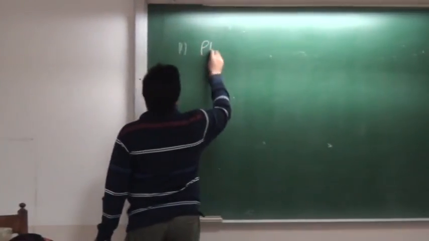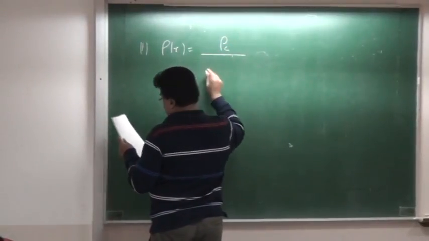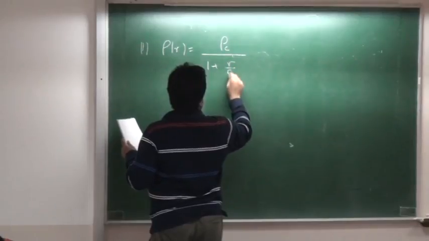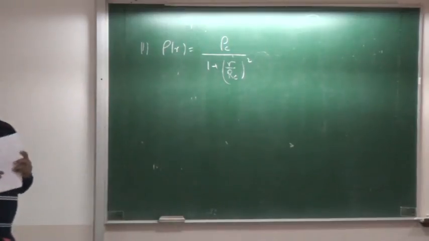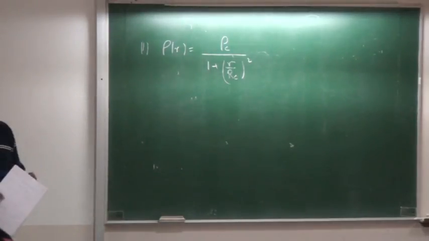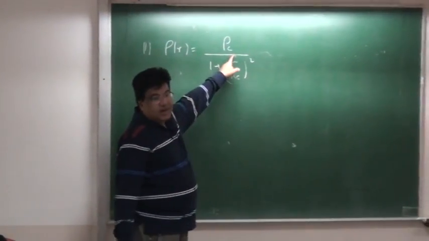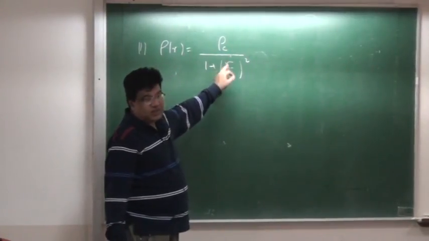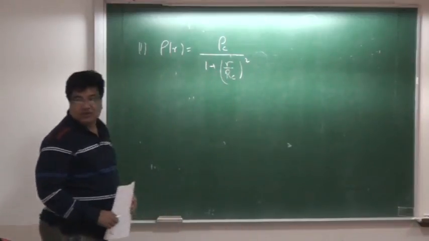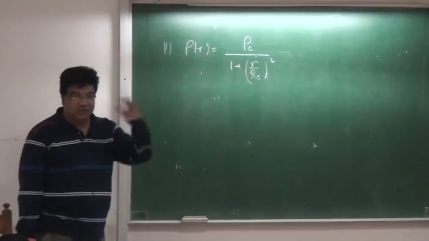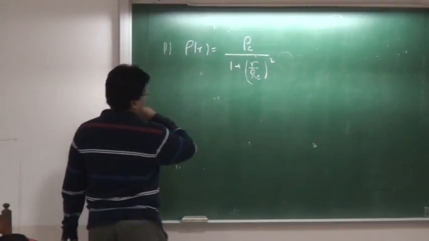The first example is rho of r is rho c divided by 1 plus r upon rc, squared. You can say this distribution has the property of what you need: when r is small it is a constant, and when r is large compared to rc it goes as 1 upon r square. So if you have this kind of rotation curve, it will give you something like that. But that is a sort of a simple fit.